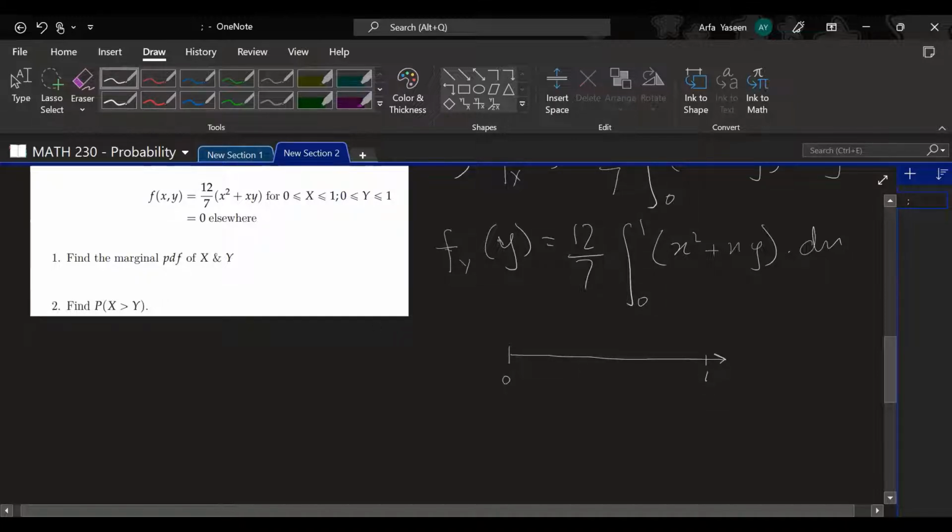But for this particular part, our x has to be greater than y. So if we choose y to be anywhere here, for instance, here I choose this point arbitrarily, then my x cannot lie in this region. It has to lie somewhere here.